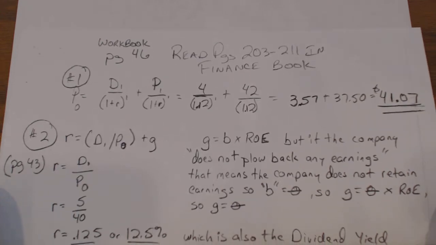But if the company does not plow back any of its earnings, that means the company does not retain any earnings. So B in this case would equal 0. So if G equals B times ROE and B equals 0, then G equals 0. So R, the rate of return, just equals D1 over P0, which is also the dividend yield. Remember, that part of the formula is only the dividend yield.